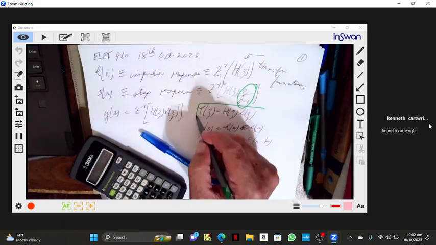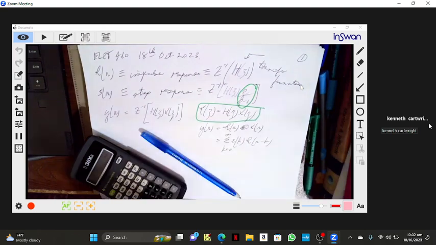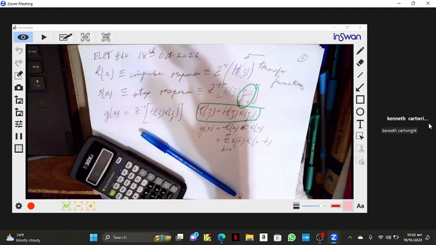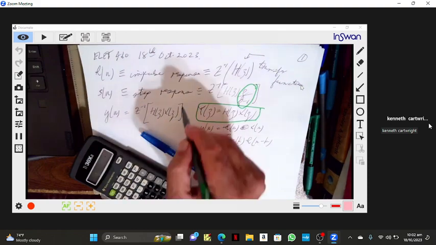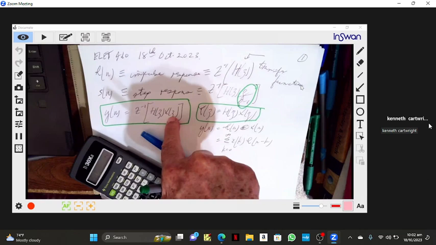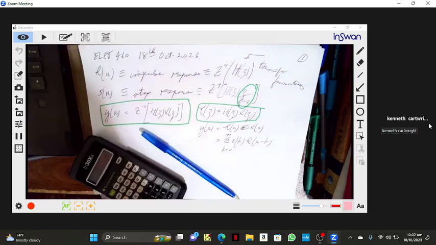See it right here? And when you take the inverse z transform, you get y of n. And if x is a step, then y of n is called s of n. We know all this.